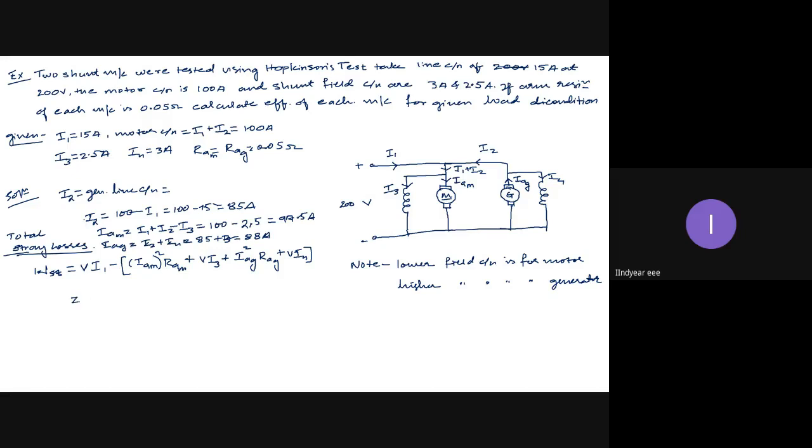Okay. Now this is equal to 200 into 15 minus IAM, which is 97.5, square into 0.05, plus 200 into 2.5, plus IAG, which is 88, square into 0.05, plus 200 into 3.